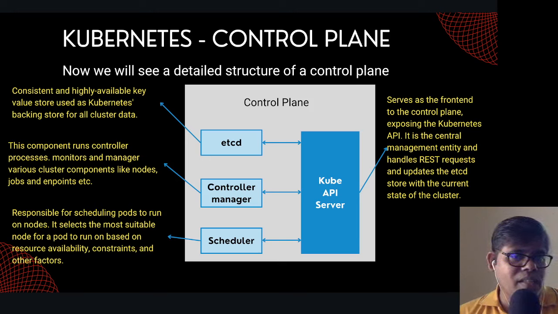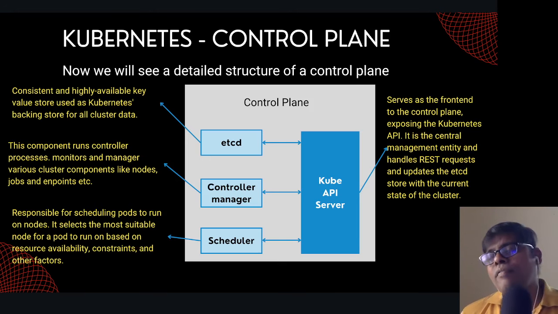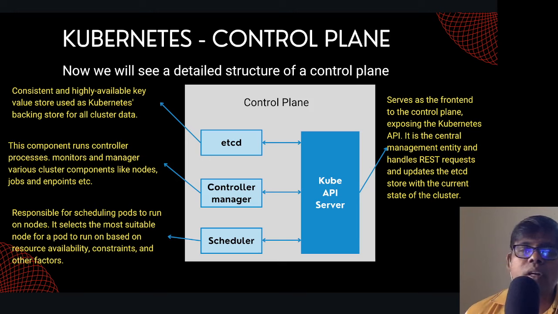And the controller manager is responsible to monitor and manage the various nodes, jobs or endpoints. For example, we have a node whose CPU or memory is almost at 80% or 98%, something like that. Now this controller manager is the component that knows about it via the kube-api server.